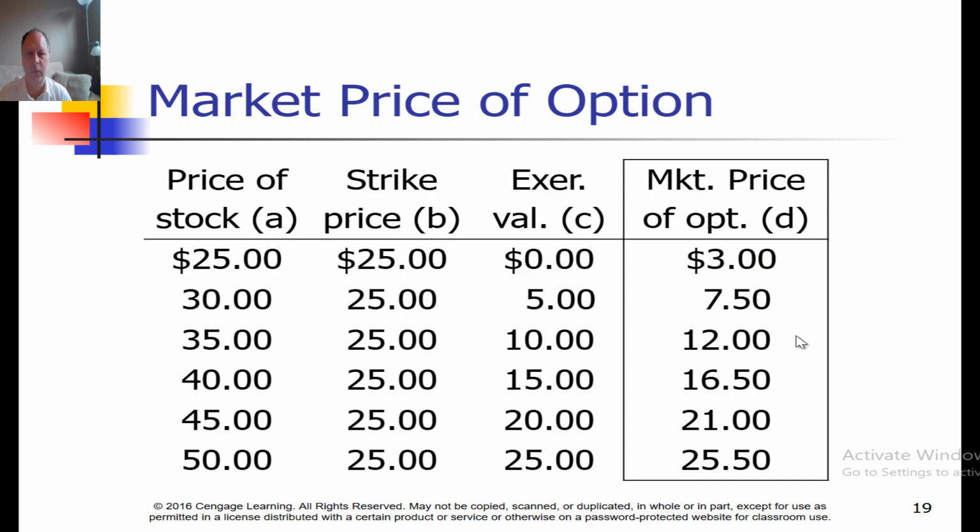Here, 12 minus 10 is 2. Here we have 21 minus 20, which is 1. And here we have 25.50 minus 25, or 50 cents. So as our option becomes more and more in the money, as the intrinsic value goes up, the time value goes down.